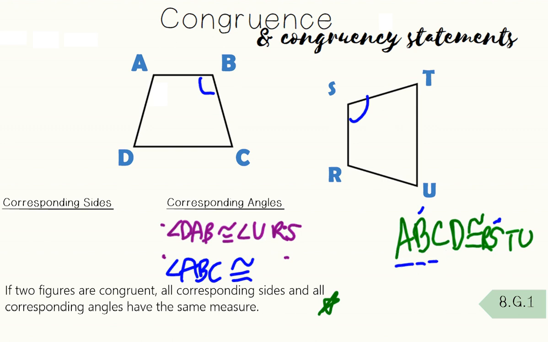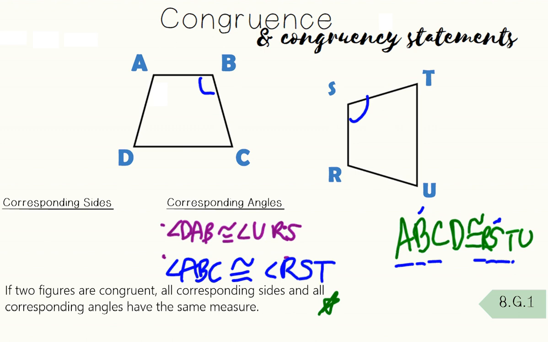A, B, C corresponds to these letters, R, S, T. So I will write congruent to angle R, S, T.